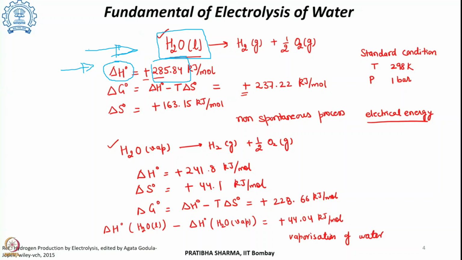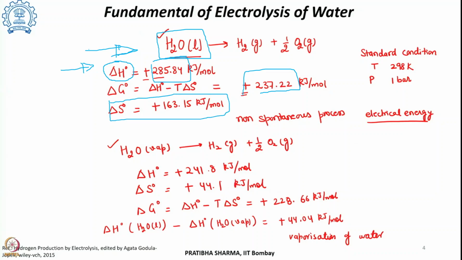Delta G is delta H minus T delta S. You have to remember 237.22. Actually, this value is a little bit confusing.